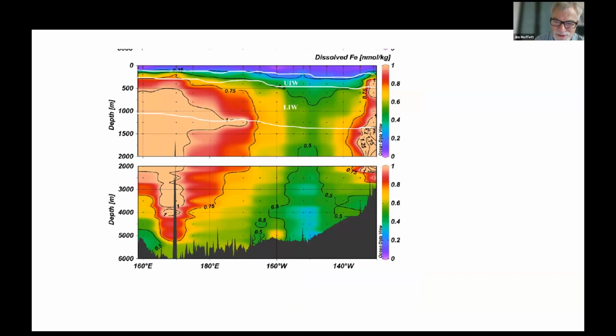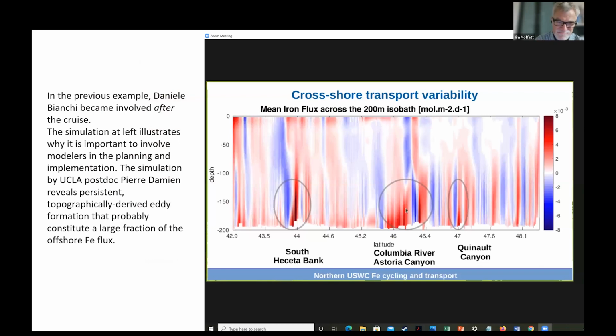So this leads to the question of what might be some of the dynamics associated with that plume. And here I really want to get to the gist of why we need to have a modeling community getting us some insight into how to go about conducting field campaigns in the most effective way.